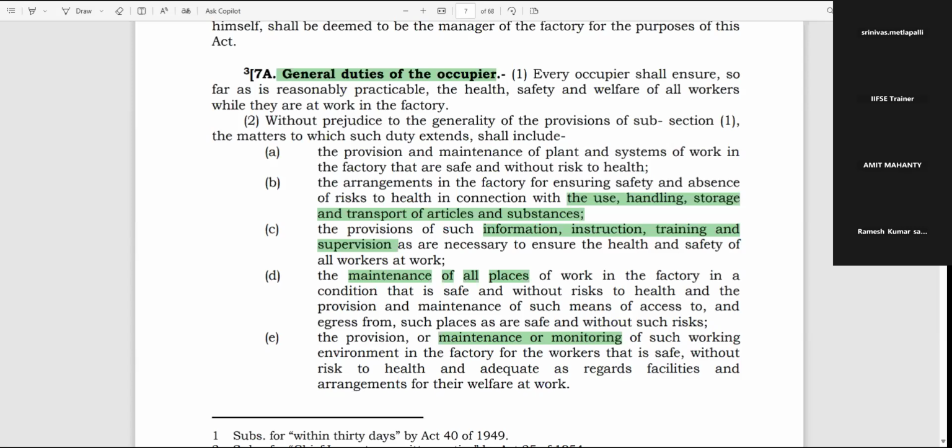Okay. The arrangements in the factory for ensuring safety and absence of risk to health in connection with the use, handling, storage, and transport of articles and substances.